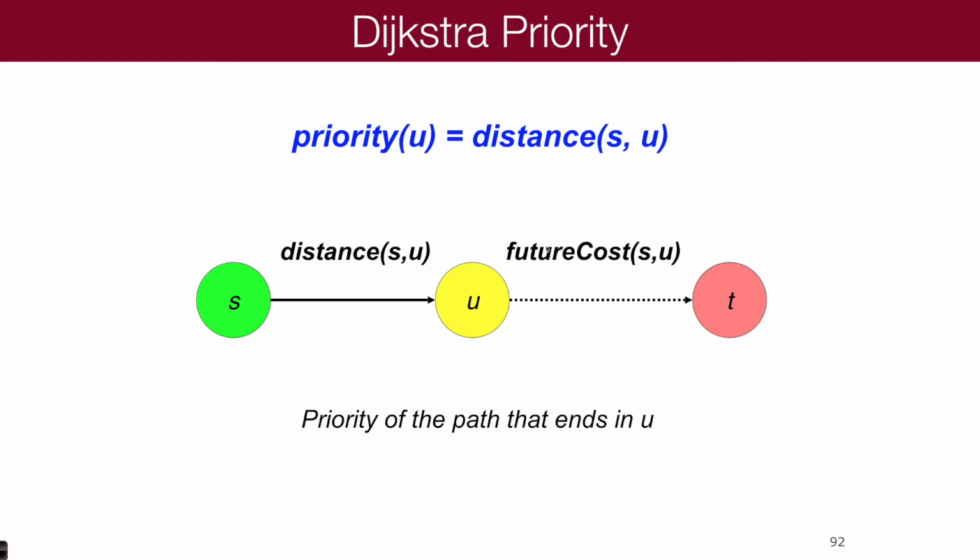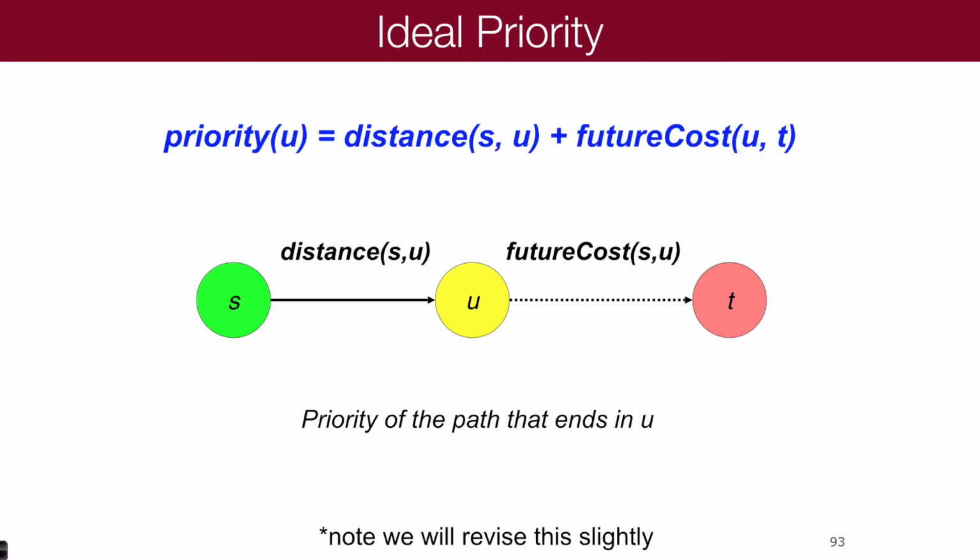Maybe we can add an amount of cost based on the fact that we know the particular direction. So the ideal priority is the actual future cost plus the distance we already know, right? Which is actually kind of interesting. If we could somehow figure out that future cost by magic, well, that is the ideal priority.